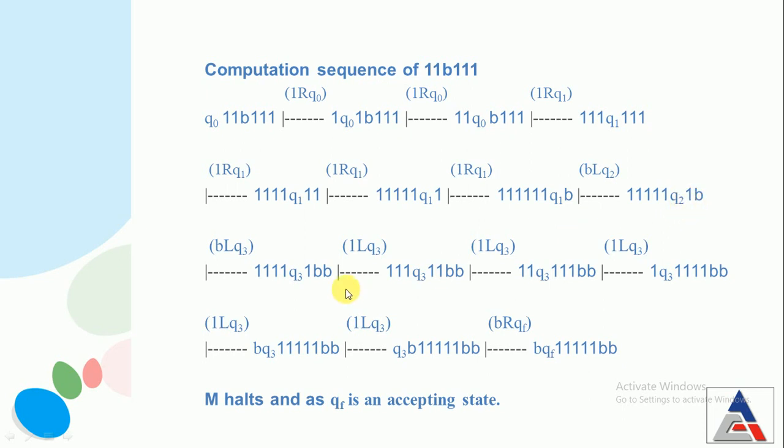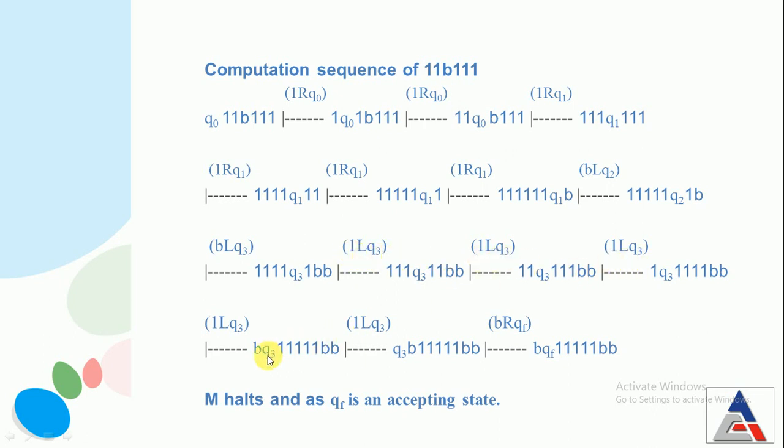Next, the move will be Q3 upon processing 1. Now you will not change these 5 consecutive ones until you reach the initial position. So Q3 upon 1, the move will remain the same, that is 1L Q3. Same for this, same for this.